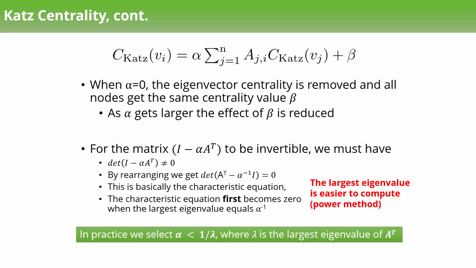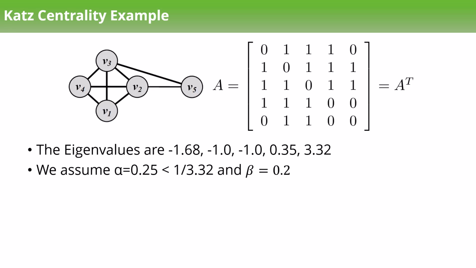So the condition on alpha. In practice, we select alpha based on the largest eigenvalue so that the calculation remains stable. So alpha is less than 1 by lambda, where lambda is the largest eigenvalue of A transpose. So, Katz centrality example. Here the eigenvalues are minus 1.08, minus 1.0, minus 1.0, 0.35, 3.32.